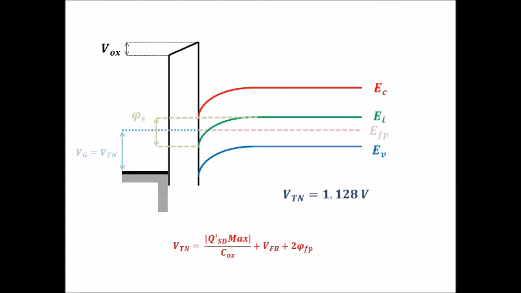This will give you a more realistic solution: the threshold voltage needed for the onset of inversion is 1.128 volts, versus the ideal assumption that we originally had at 0.716 volts.